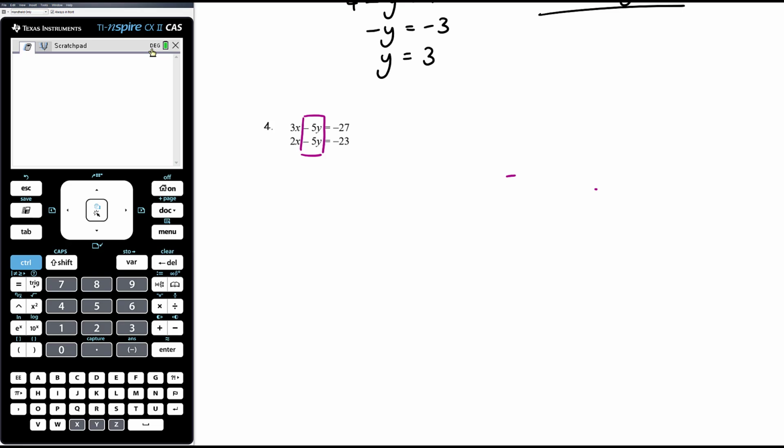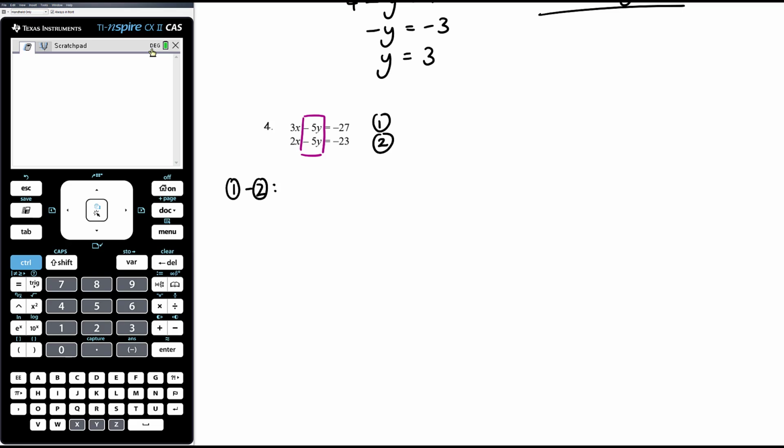Alright, so we're going to want to subtract the two equations. Again, I'm going to label them as 1 and 2. Now, we could either do equation 1 minus equation 2, or we could do equation 2 minus equation 1. Doesn't matter, both will get us there in the long run, but I like to try and keep things positive. So if I do 3x minus 2x, that's still going to be positive x. So I'm going to do equation 1, take away equation 2.